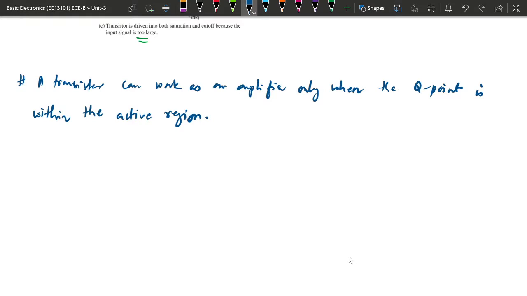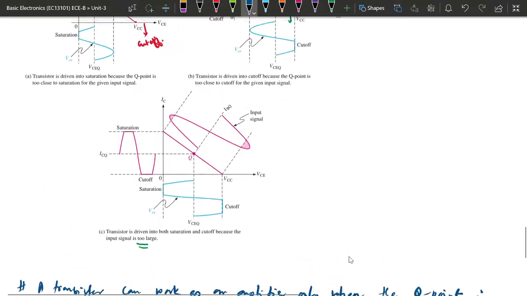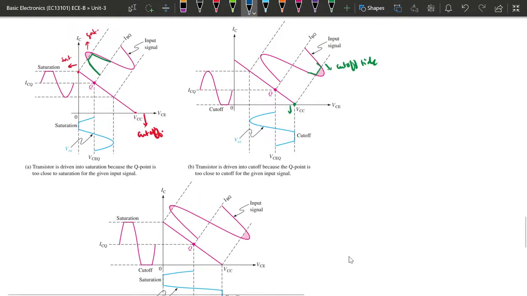Okay, so the Q point should be within the active region. That means, as we are applying the AC signal, the AC signal is also going to change the base current.